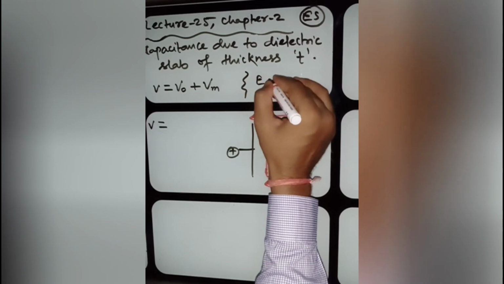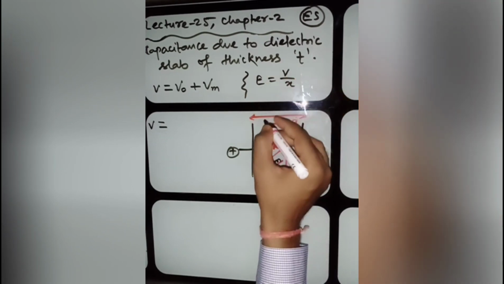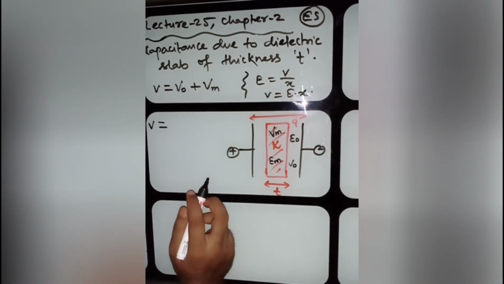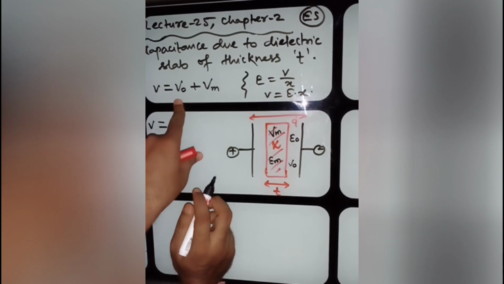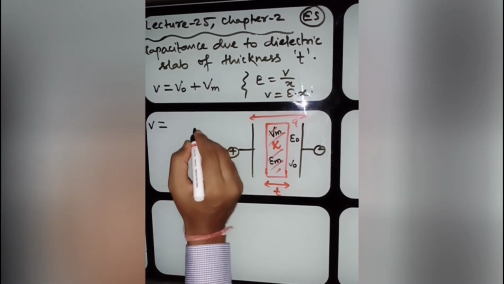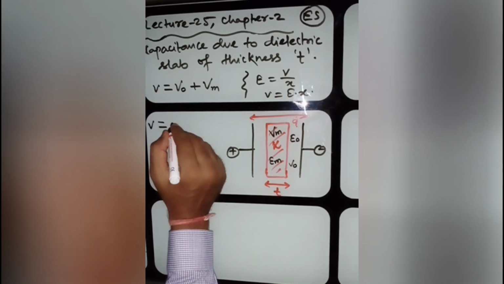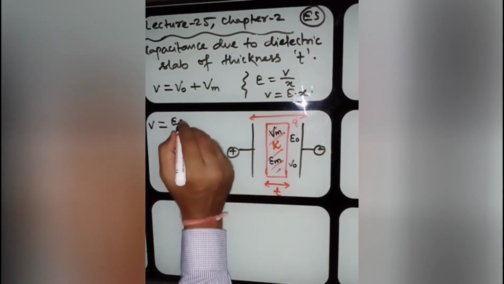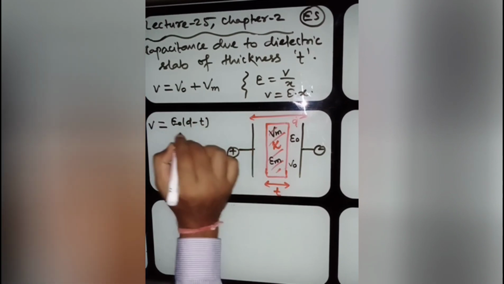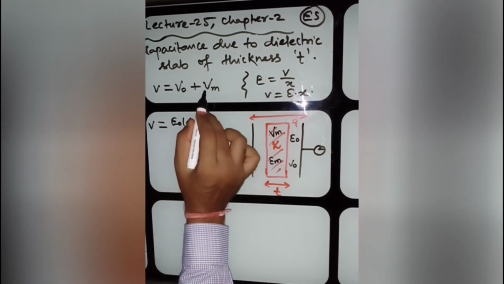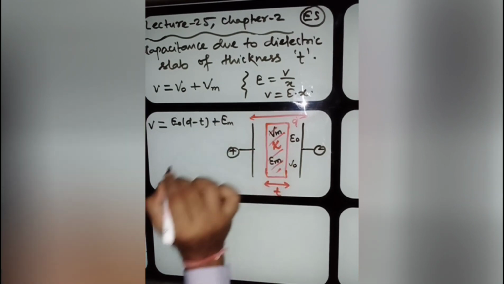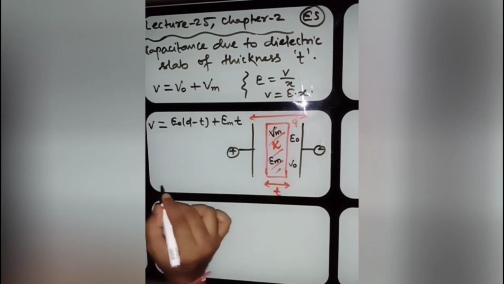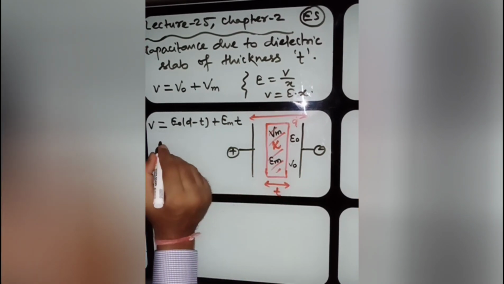E equals V by X, or V can be written as E times X. So V naught can be written as E naught, and this length of free space is D minus T, plus Vm can be written as Em times the length of medium, which is T. I hope you understand.